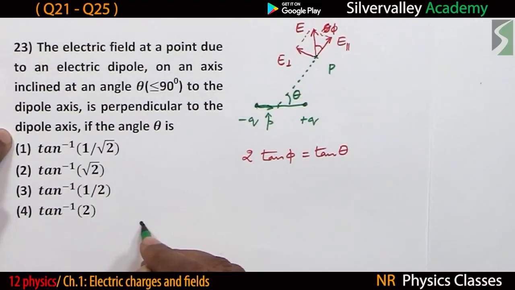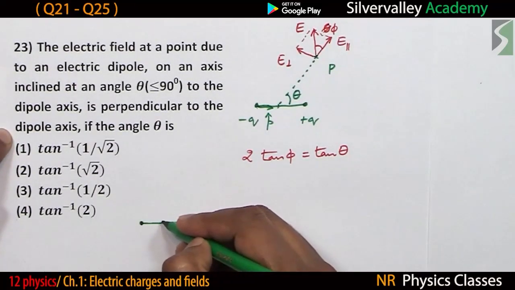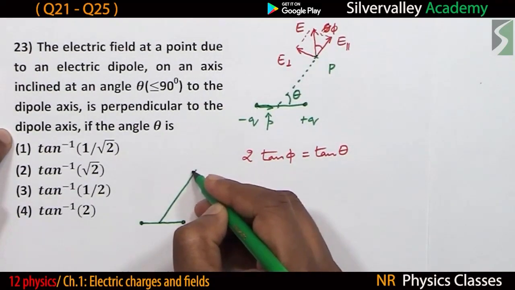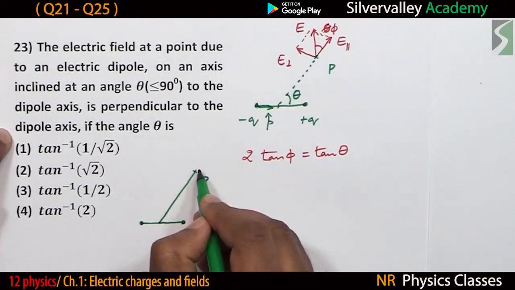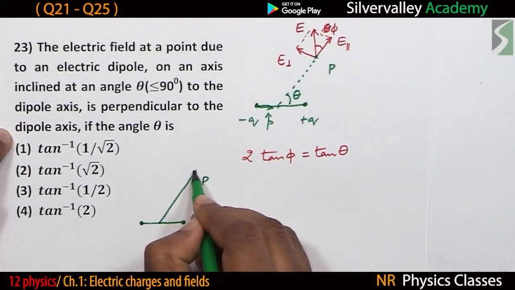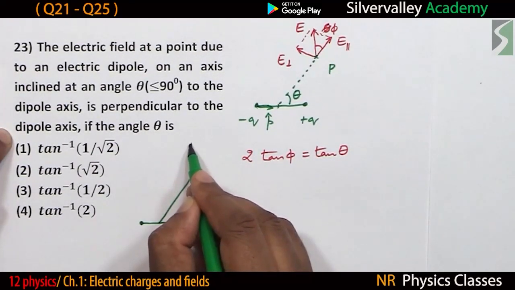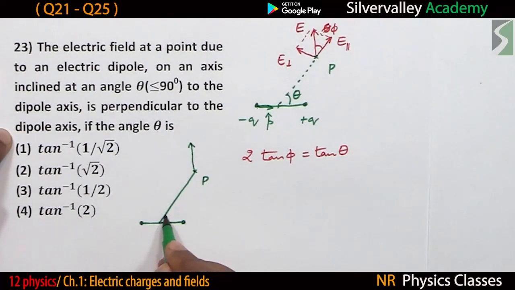This is the dipole. This is point P. It is given electric field at point P is perpendicular to the dipole axis. If this is theta, minus q, plus q, this is p cap. Okay, this is perpendicular to p cap.